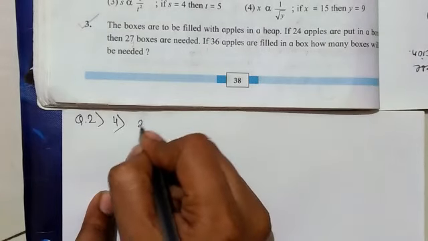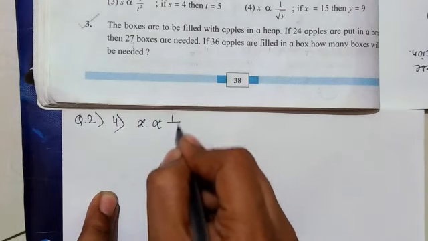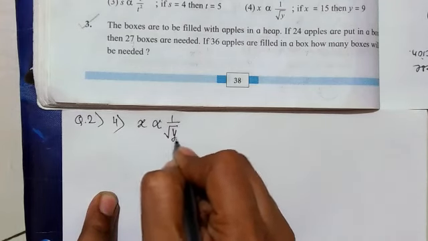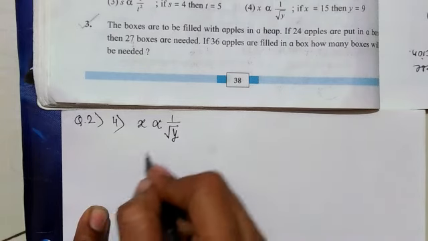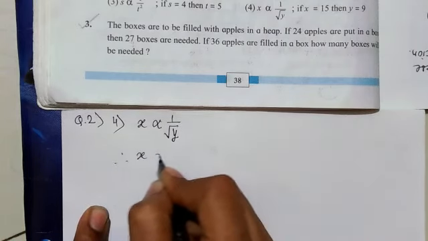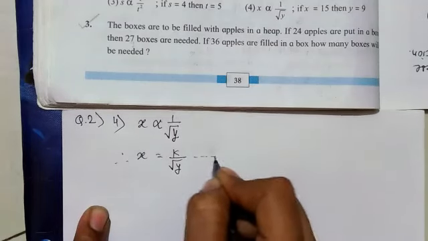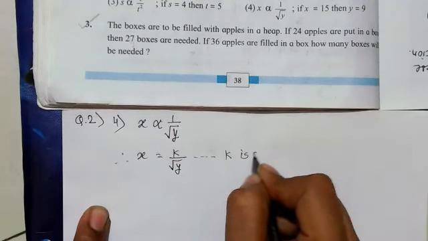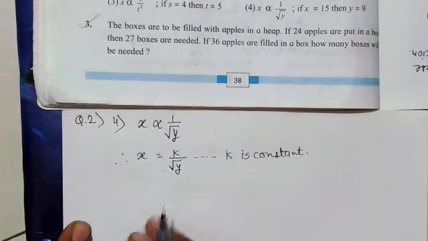where x varies with 1 upon the square root of y, as x is equal to k upon the square root of y, where k is the constant that we have to write.